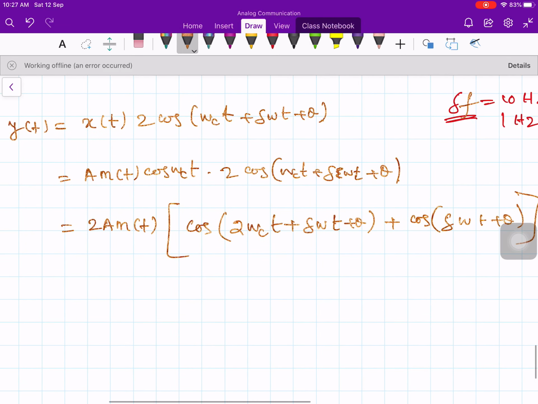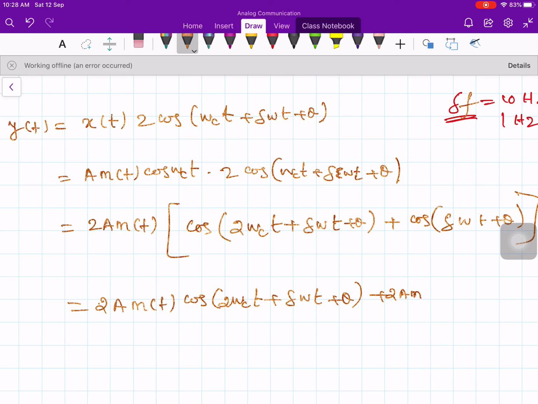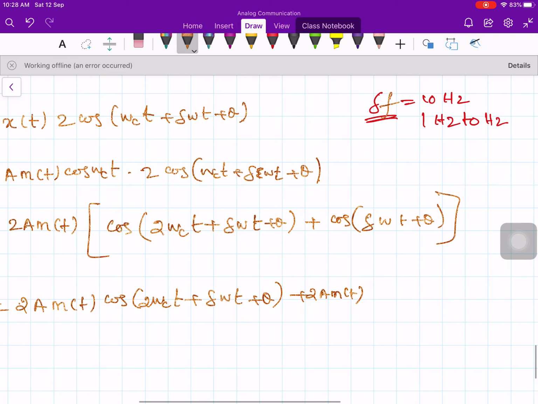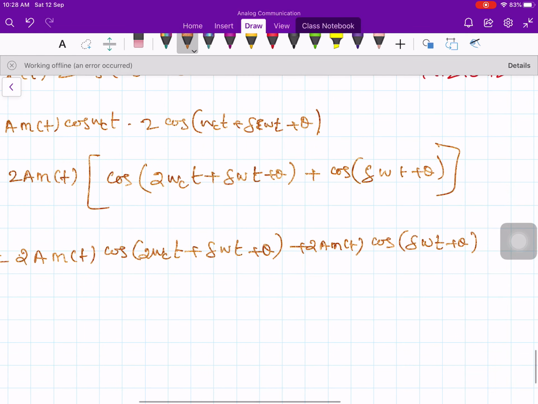Now multiply this term by term: 2 times A times m of t cos of 2 omega ct plus delta omega t plus theta, plus 2 times A times m of t cos of delta omega t plus theta. Now what are you doing?